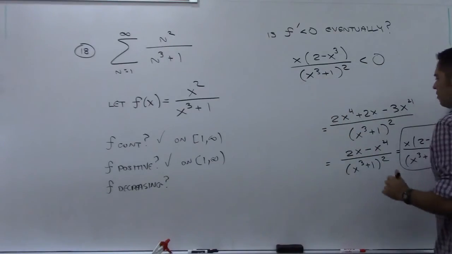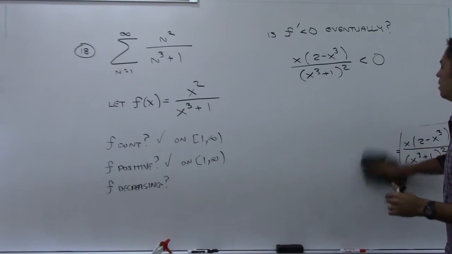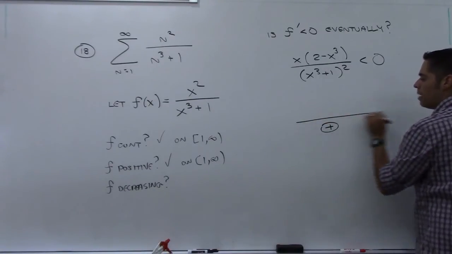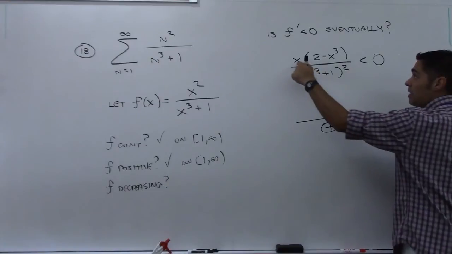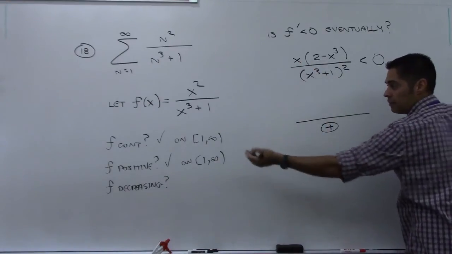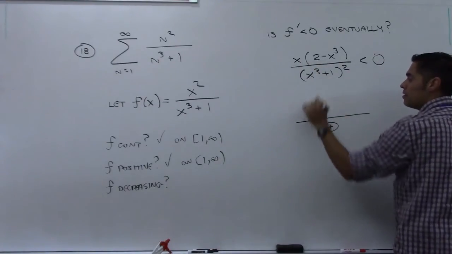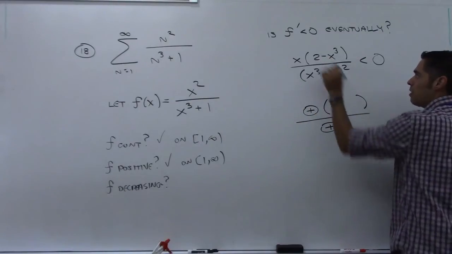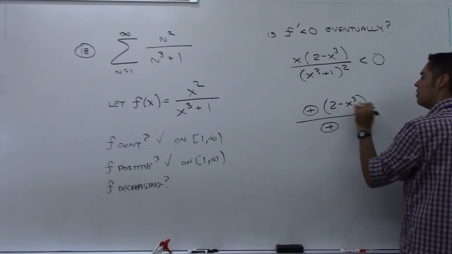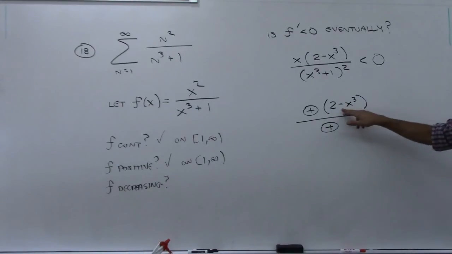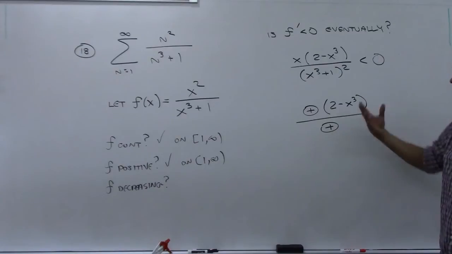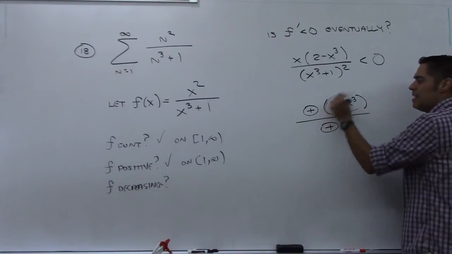Well, I know the bottom is always positive, because I'm squaring it right there. So it really doesn't play much of a factor here. I know that if I'm plugging in things from 1 to infinity, this x right here is positive. The only question then is this piece right here, 2 minus x cubed. I need this to be negative, because then I'll have a negative times a positive over a positive, and that's negative. So the question is, is this negative?